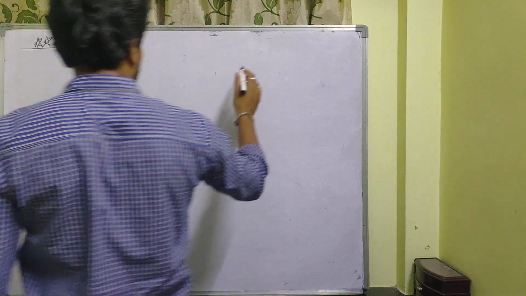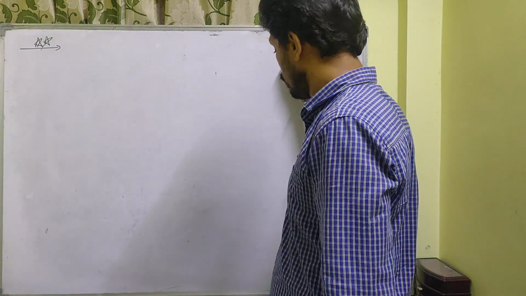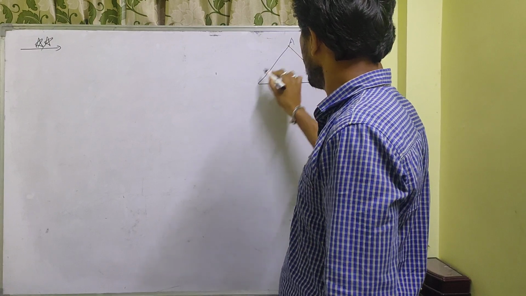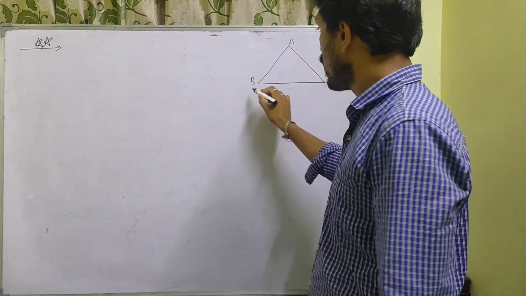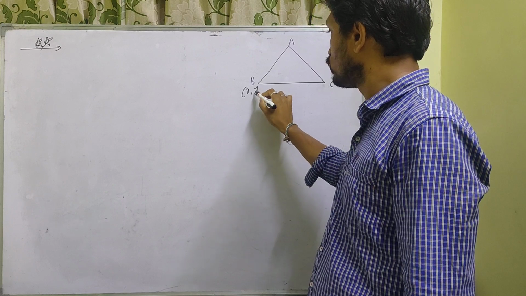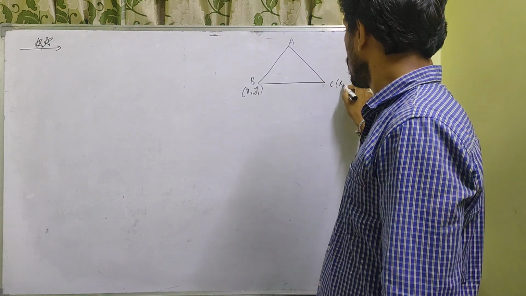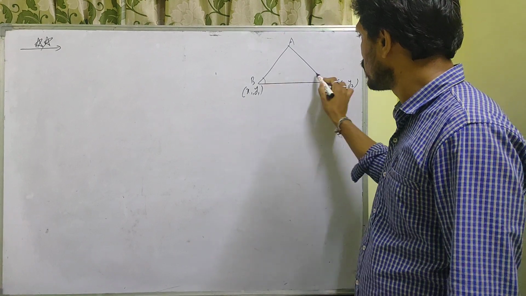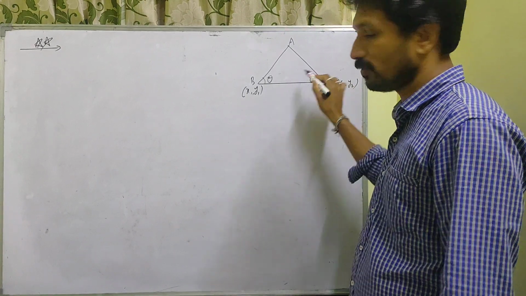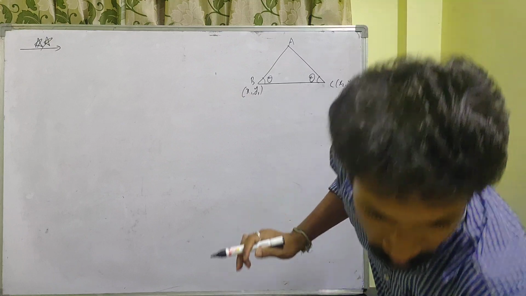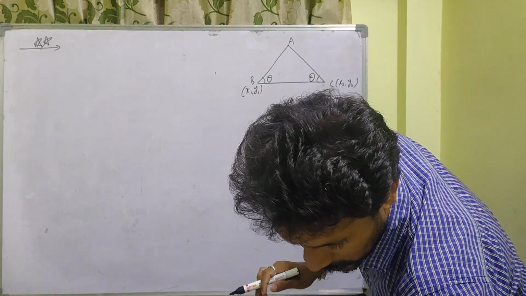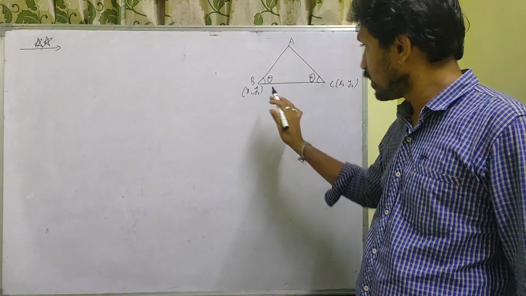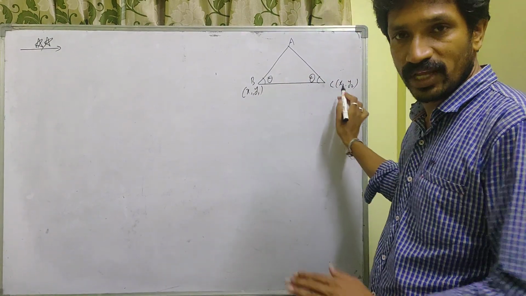Whenever you have an isosceles triangle ABC with vertices (x1, y1) and (x2, y2), the base angles are equal, theta and theta.